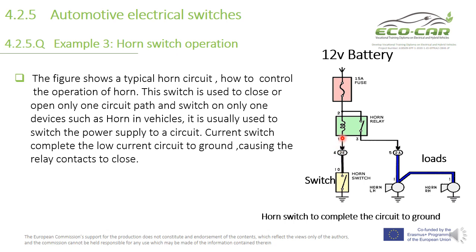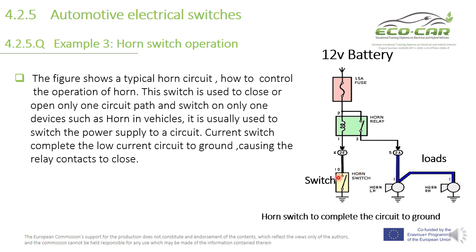In this case, we have here ground, we have here positive 12 volt, so the coil is energized. When this coil is energized, the switch is closed. When this switch is closed, there is a loop for the 12 volt current to go to the loads, to the horn. So the horn is switched on.